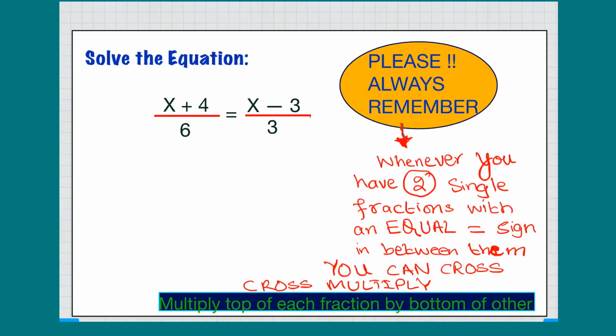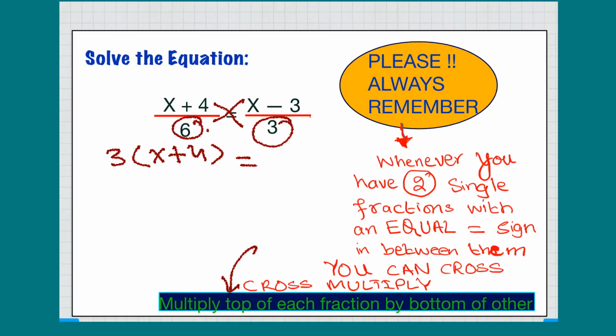Or what you can do is multiply top of each fraction by bottom of the other. We can cross multiply them. 3 times x plus 4 equals, we're going to times 6 with x minus 3. So this is what I've just done, this rule. Multiply top of each fraction by bottom of another.